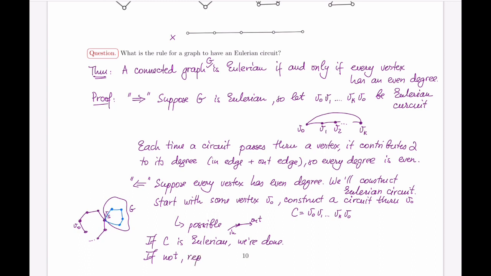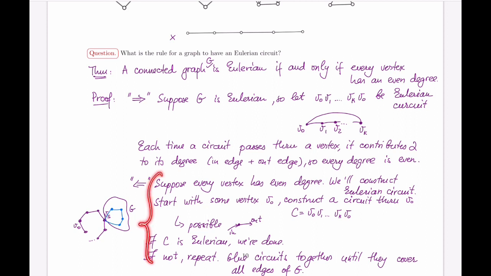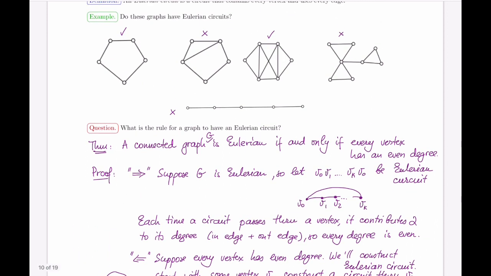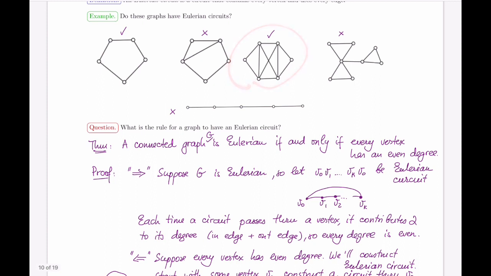So I'm going to just say repeat, and I'm going to say glue circuits together until they cover all edges of the graph G. Okay, so you can see how you can use this constructive method to actually find Eulerian circuits in the graphs where every vertex is of even degree.